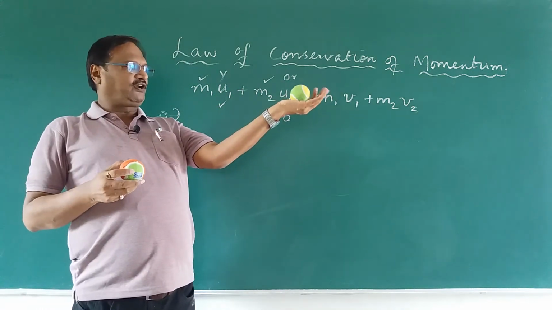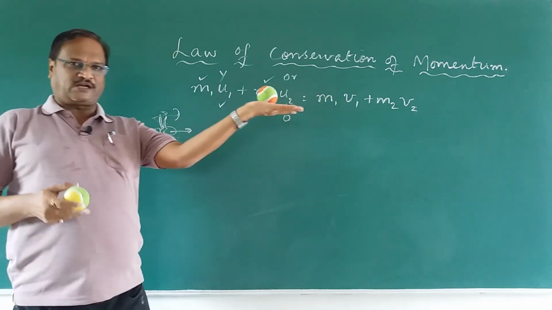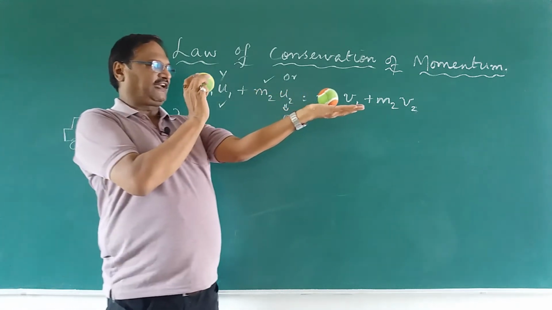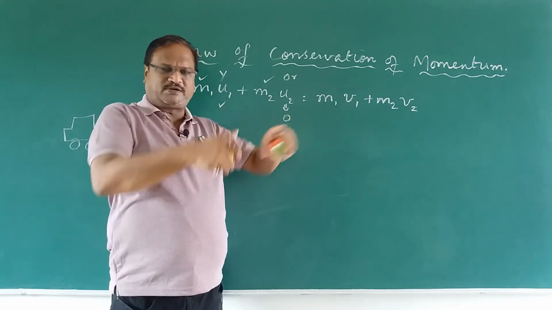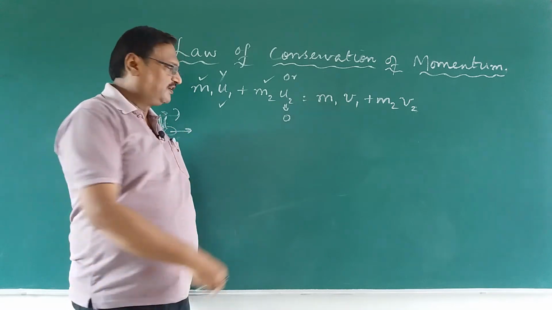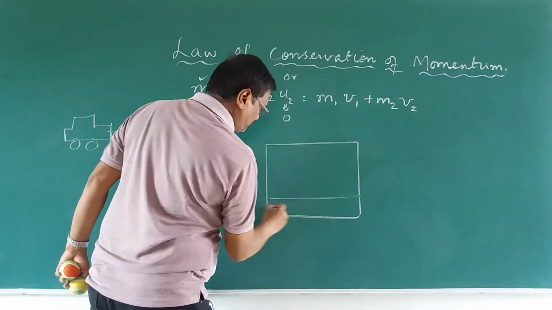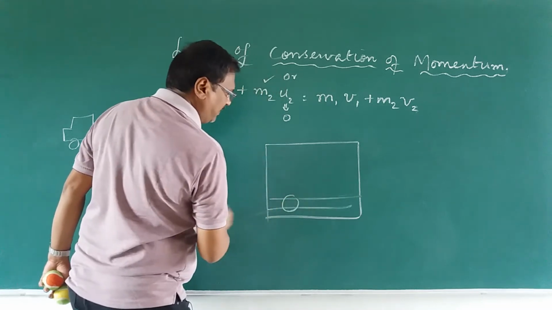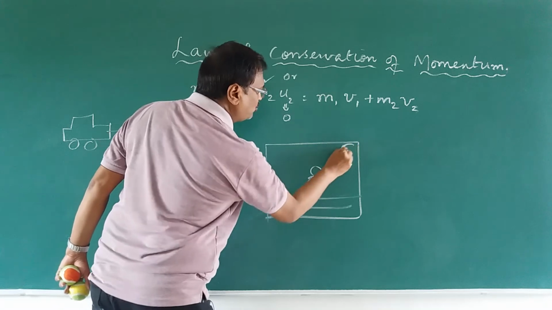Suppose I say the second body is at rest, that is u2 is at rest, and I take the first body and hit this body. You all would have played marbles. Or for example, carom board. In carom board, you have lines, and there is a striker which is big, and you have a small coin, and you hit it and it goes into the pocket.